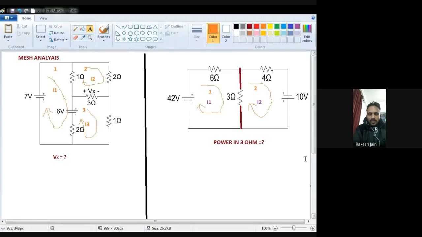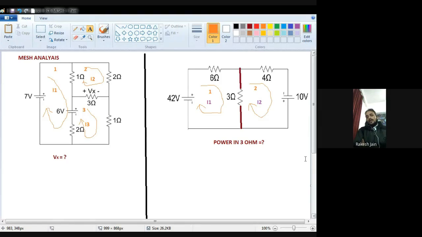The number of equations depends on how many meshes there are. For example, in the second question where you have to find the power in the 3 ohm resistor, there are 2 meshes, so you have to write down 2 equations. In the left hand side numerical where you have to find the voltage Vx, there are 3 meshes, so you have to write down 3 equations first of all.